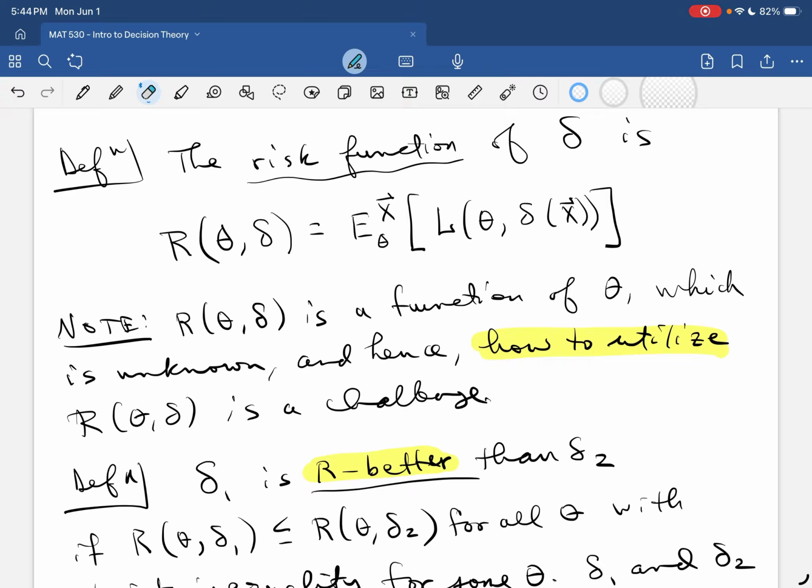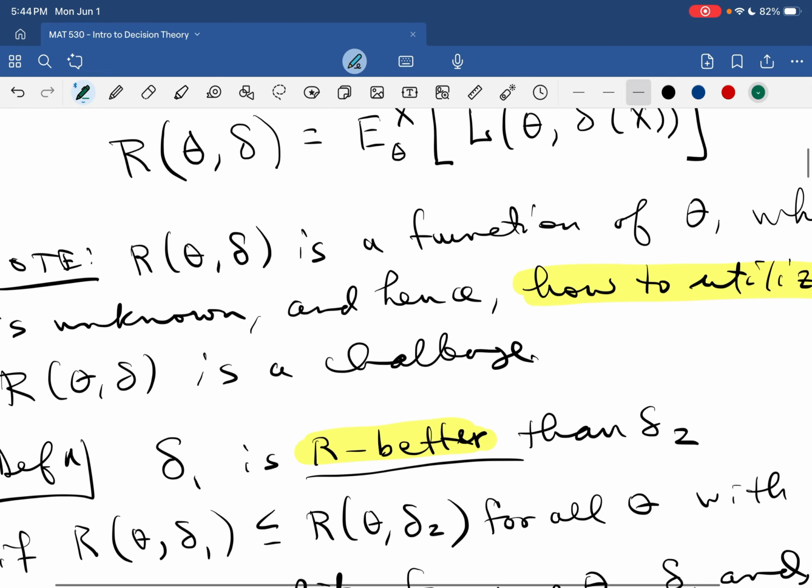So in a sense, we integrate out the x, we integrate out the data. And so what we end up with is the risk function, which is a function of theta. So that's an important thing to note. The risk function is a function of theta. But of course, theta is our unknown, and so how do we utilize this risk function?